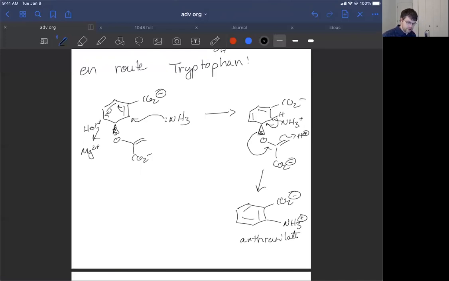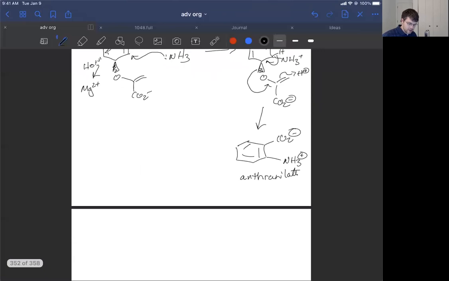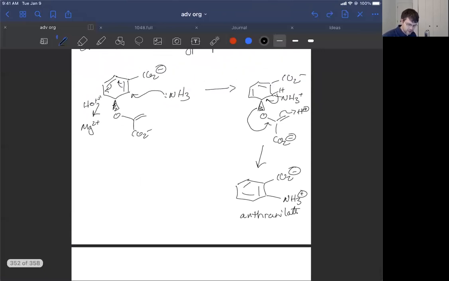As many of you probably know, I like benzene. It's a fun molecule to study. So I'm just going to mention an aside here. I've always wanted to do this reaction, but been super scared because it's a little dangerous. But what you can do is take anthranilate and convert it into a diazo salt.